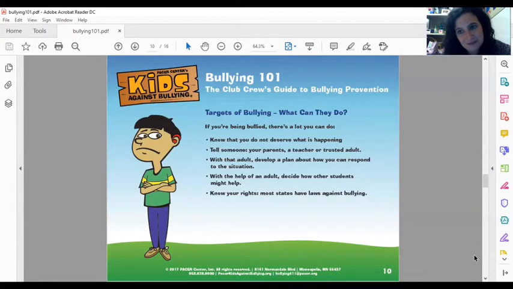What does that mean? So you could come to Miss Burns and say, Miss Burns, I'm being bullied at this basketball goal down the street. But does Miss Burns know what street you live on? Nope, Miss Burns does not live around here. So probably the best person to go to in that situation would be your parents or whoever is in charge of you at home ahead of time.